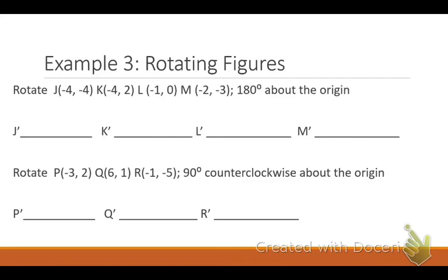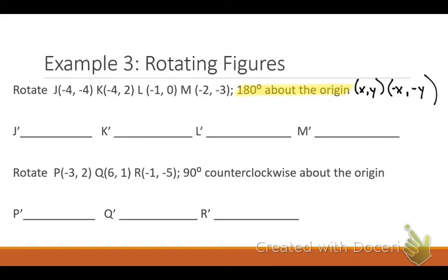180 degrees about the origin. I want you to write the code next to this problem. So you have your original ordered pair, and it tells me how to rotate it: x, y, and then negative x, negative y.